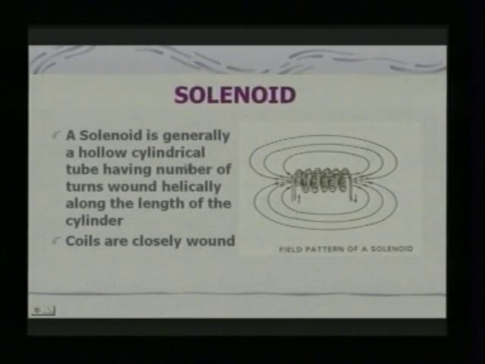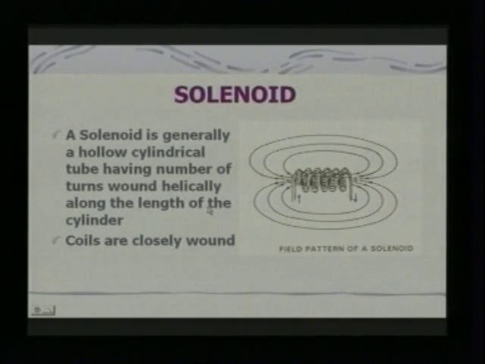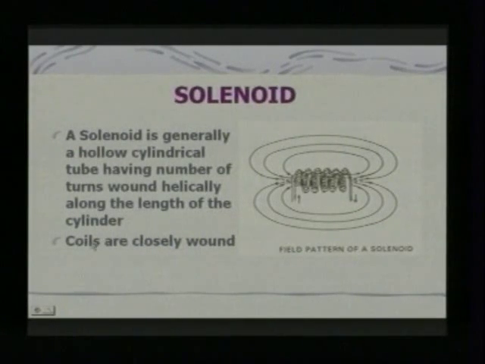Now we will see the field pattern of solenoid. First of all, a solenoid is defined as, it is generally a hollow cylindrical tube having number of turns wound helically along the length of the conductor, and these turns are generally insulated from the hollow cylinder, and coils are closely wound.